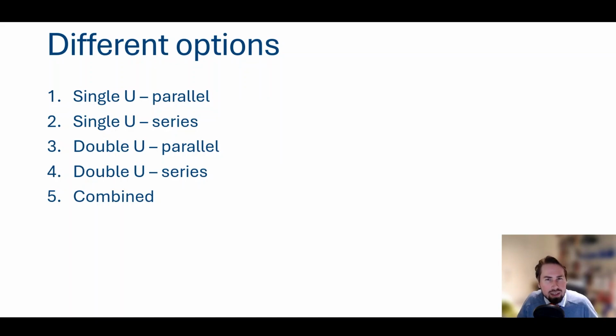But in the end, it's just a combination of the 4 first principles in one way or another. So when we discuss the 5th option, the combined option, you will be able to apply the same principle to your own specific bore field hydraulic design, and you know how you can enter it in GHEtool Cloud. So let's get started.